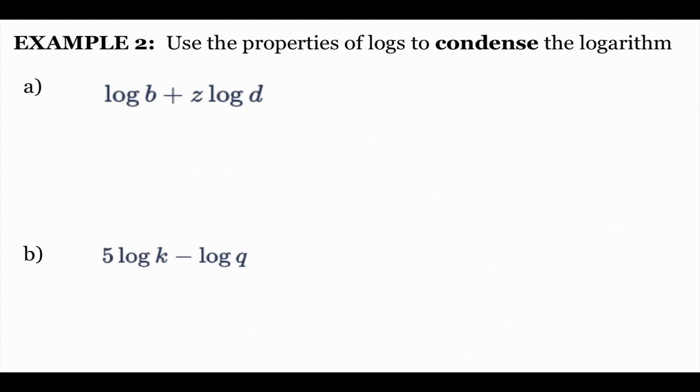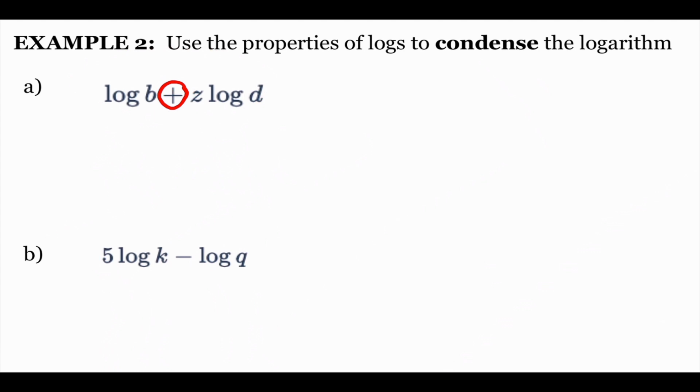Well, you see a plus, so I'm definitely going to be using the product. Is there any division? Nope. Is there any subtraction? No. So we don't need to use a quotient.